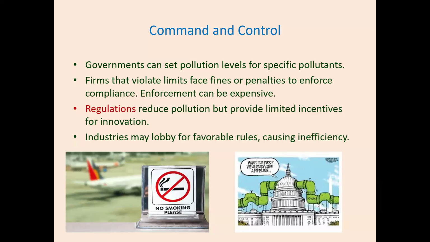On the bottom right, we see a cartoon about whether we should approve an oil pipeline. The congressmen are joking, saying, "What's the big fuss? We already have a pipeline." And that pipeline is really money coming in from donors and lobbyists that support congressmen. If you are a senator or representative, you typically need to collect money to run your campaign unless you're very wealthy and use your own money.